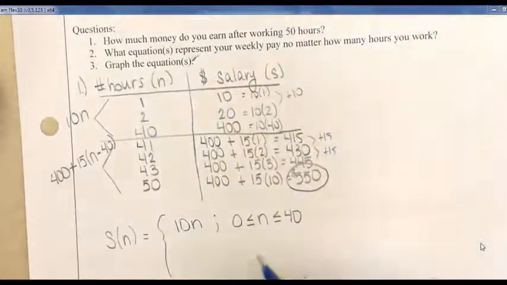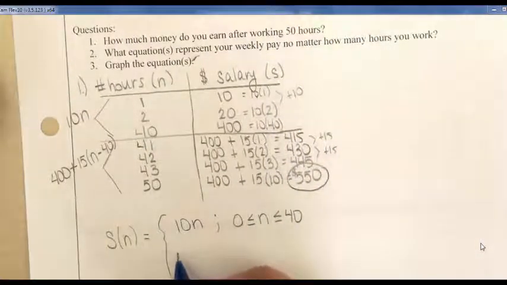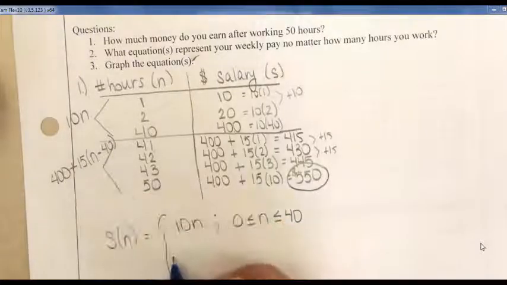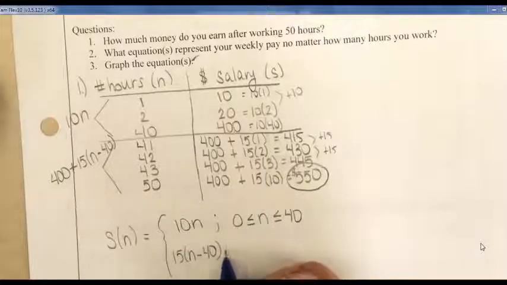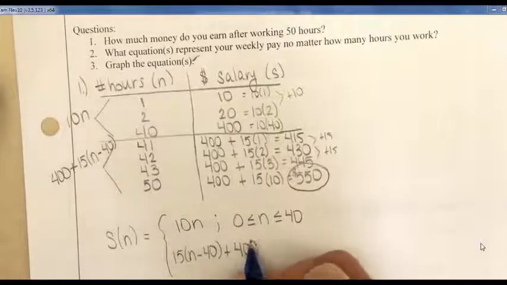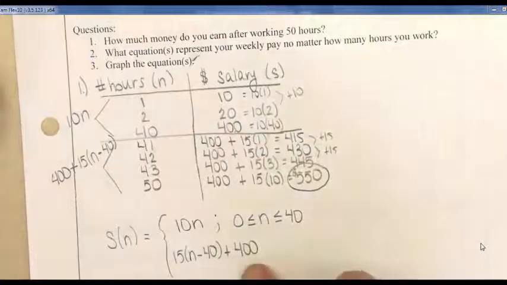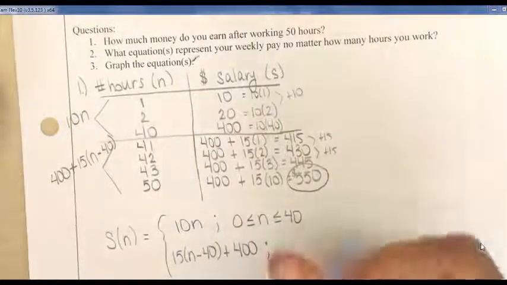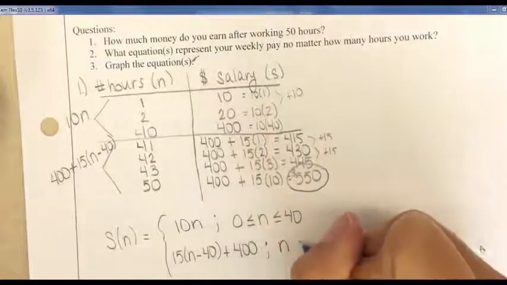So I think I'll put my slope first, just to keep in the same format that we like to see. So we're going to say, all right, well, 15 times n minus 40 plus that initial $400 that I worked, those initial 40 hours earning. So this is going to be any time that I work more than 40 hours.